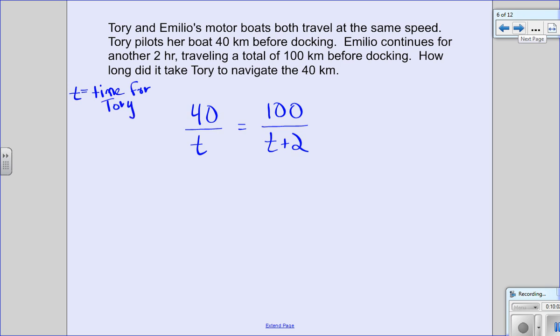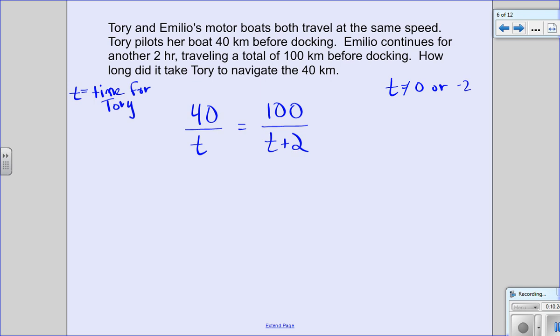And now we can solve this equation. The restrictions are that t cannot equal 0 or -2. But that shouldn't be a problem. And now we can solve this by clearing our fractions. But since it's a straight proportion of two expressions set equal to each other, we can just cross multiply.